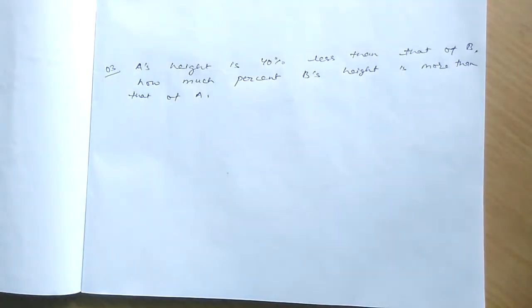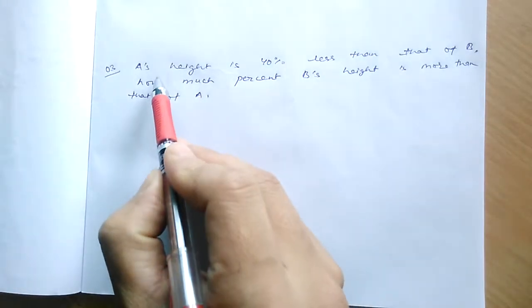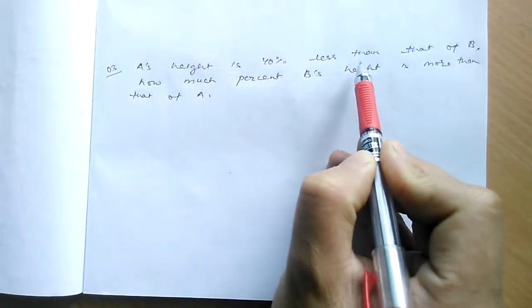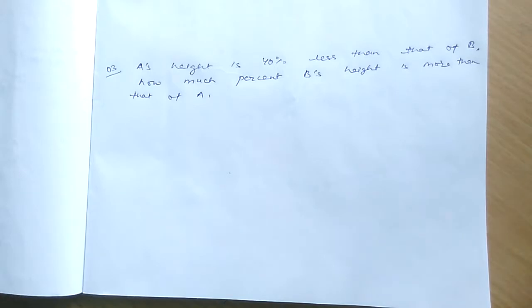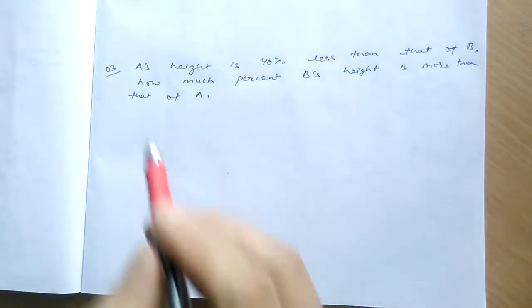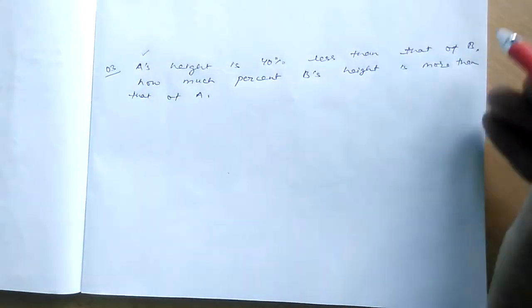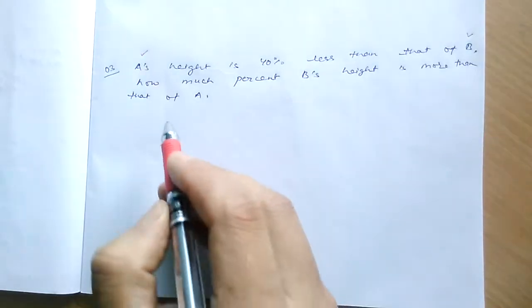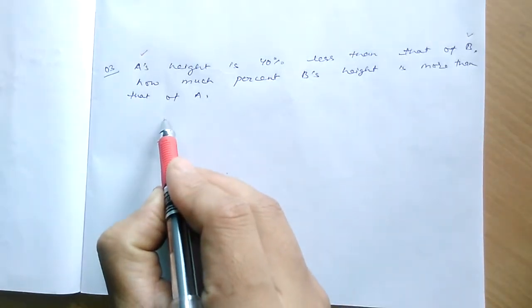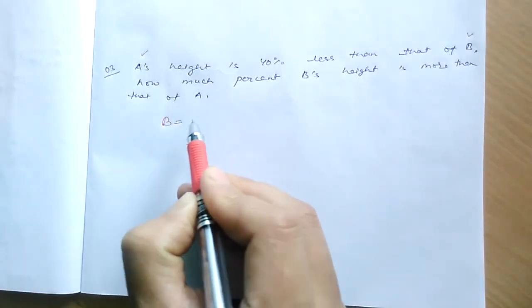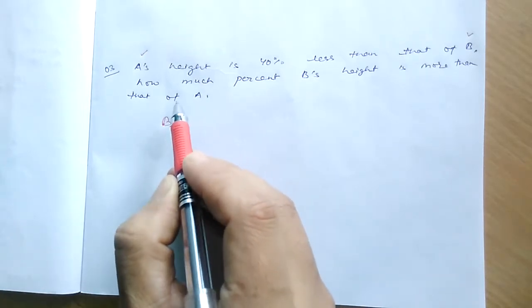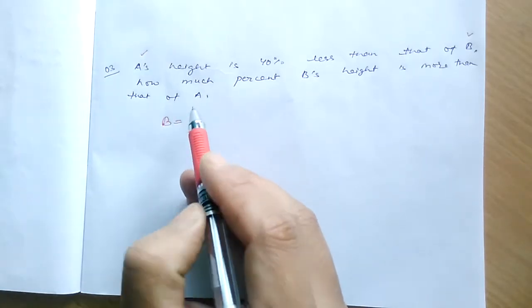The third and the last question of this video, we'll read the question. A's height is 40% less than that of B. In this question again, they have not given the height of A and the height of B. So first we will assume the height of B, because the question says that A's height is 40% less.